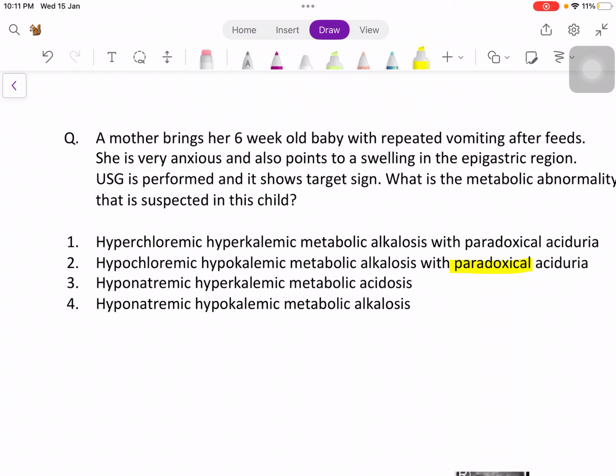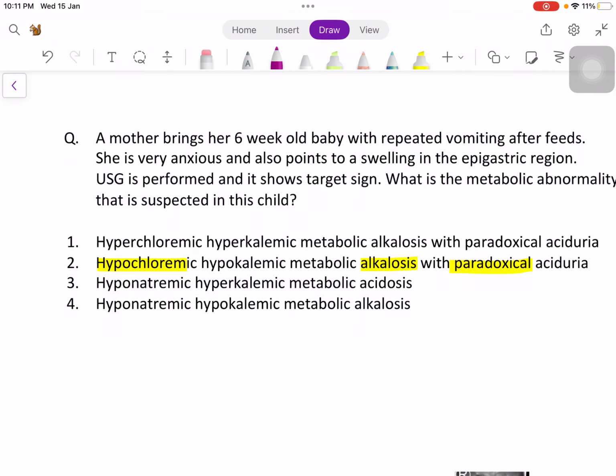So the hydrochloric acid is being vomited out. So because the HCl has been vomited out, there will be alkalosis because it's an acid. Because the hydrochloric acid has been vomited out, chloride is less in the body, so it becomes hypochloremic.